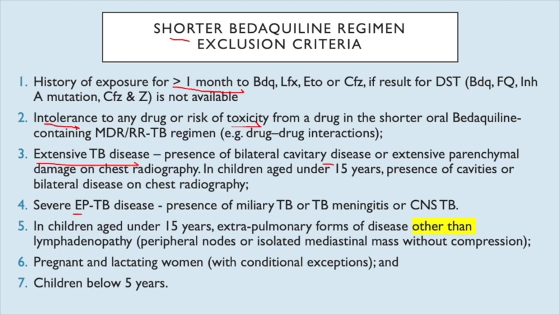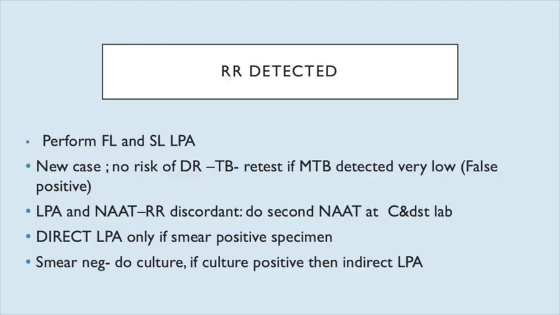For severe extrapulmonary disease also, like miliary, TB meningitis and CNS TB, longer regimens have to be started. And for children less than 15 years, in extrapulmonary forms other than lymphadenopathy, a shorter regimen will not be started. Pregnant and lactating women and children less than 5 years are contraindications for shorter regimens.